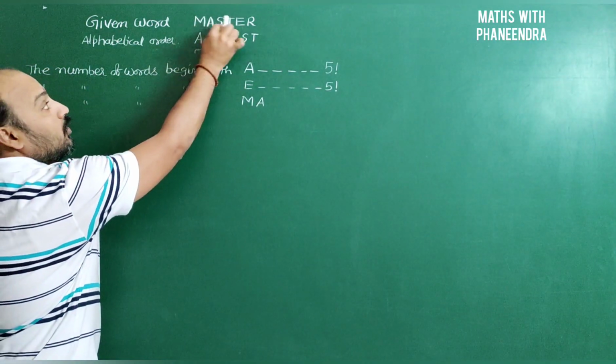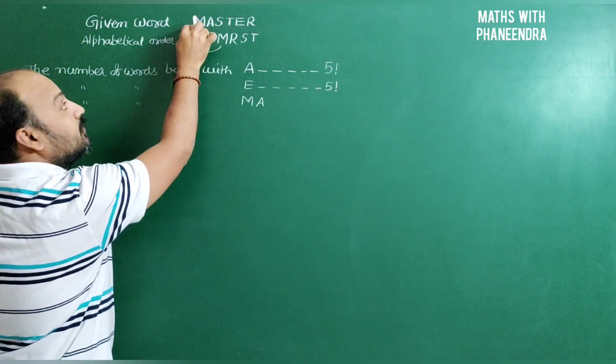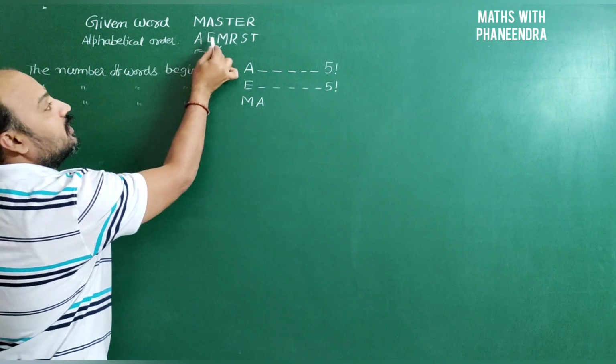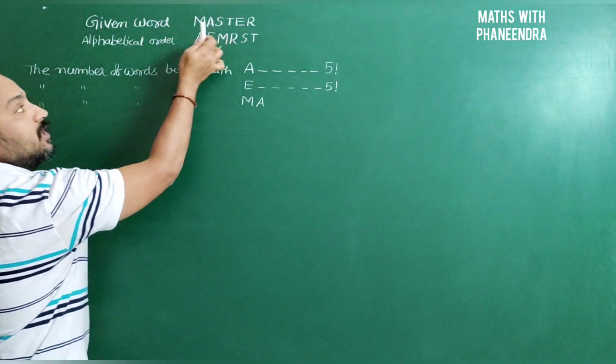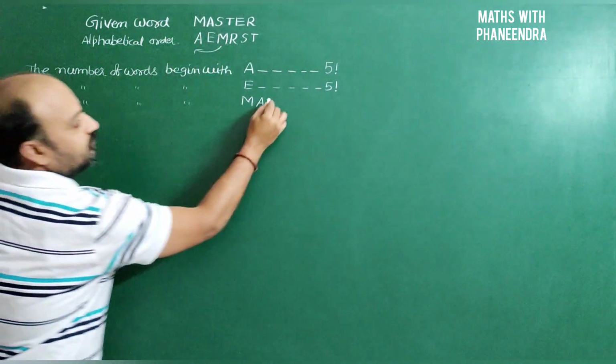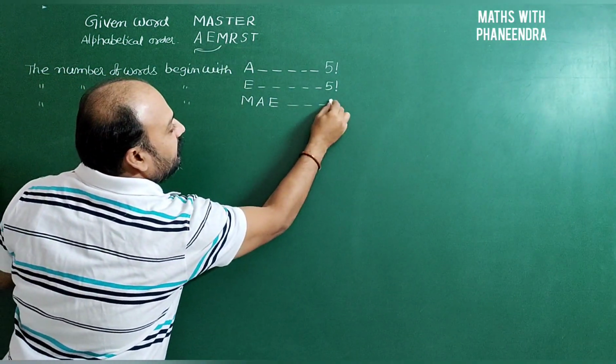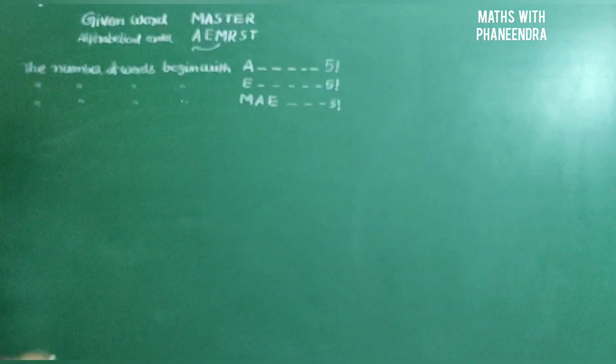Next, till you write MAS, the number of words which begin with MAE. The remaining 3 letters can be arranged in 3 factorial ways.